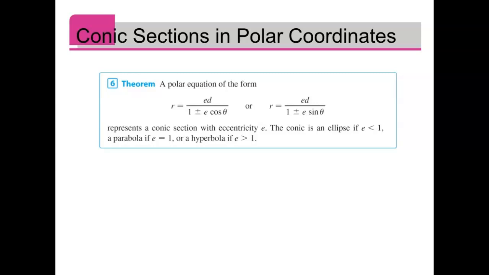It will be ED over 1 plus or minus E cosine theta, or ED over 1 plus or minus E sine theta. And then depending on the value of E, again, it will give us a different conic section.